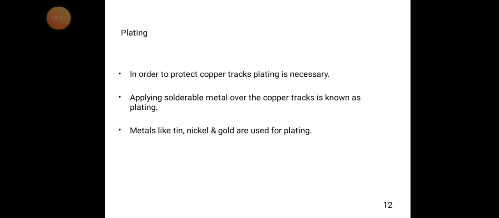In order to protect copper tracks, plating is necessary. Applying solderable metal over the copper tracks is known as plating. The meaning is that solderable metal over the copper tracks is known as plating. Metals like tin, nickel, gold are used for the plating.